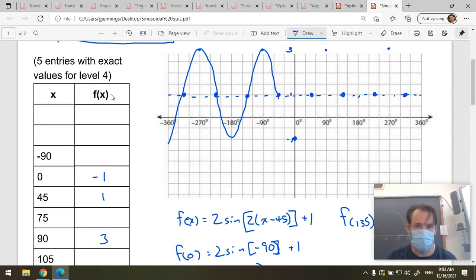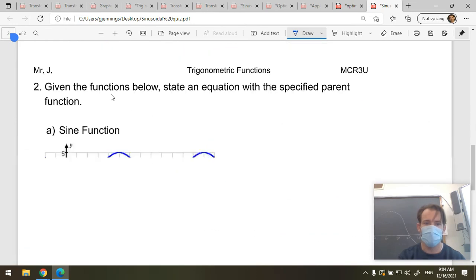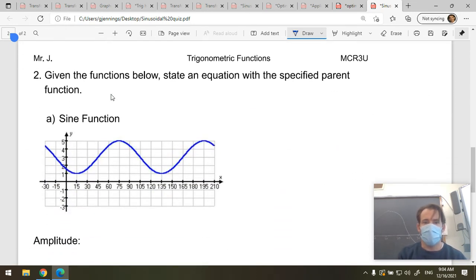So use the period to multiply your efforts. You don't need to find all the points individually. You can find them just by using the symmetry of the curve around 180 degrees. It's periodic. It's repetitive nature.